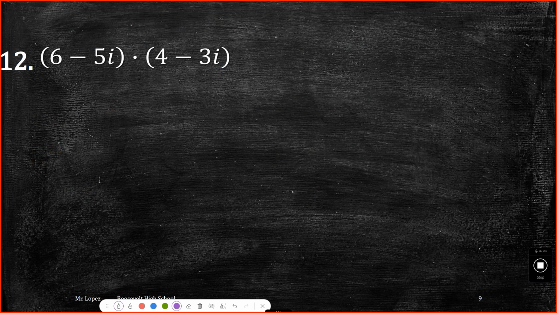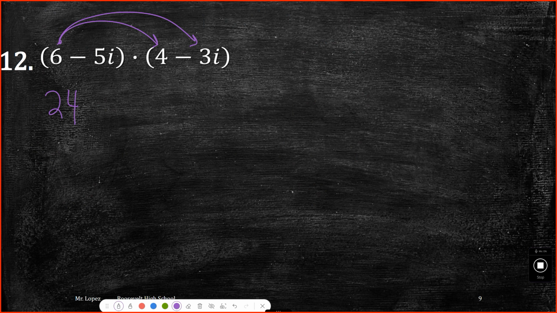All right, here we go. Number 12. Multiply this out. 6 times 4 is 24. 6 times negative 3i is negative 18i.